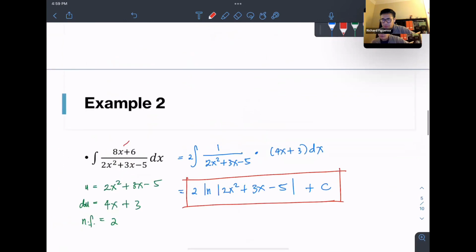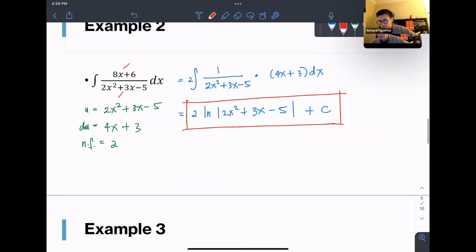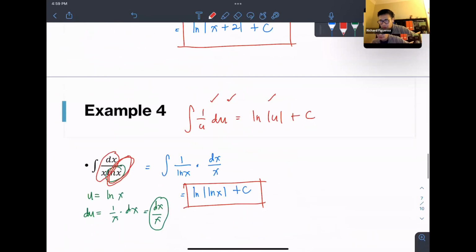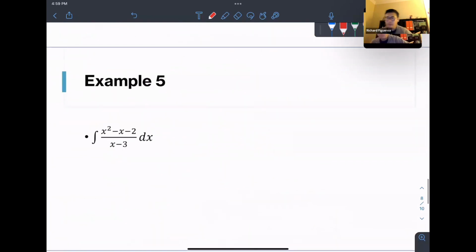Example number 2, first degree, second degree. Example number 3, first degree, second degree. Example number 4, okay, this is not linear. Example number 5, it's second degree and first degree. So what is their difference?